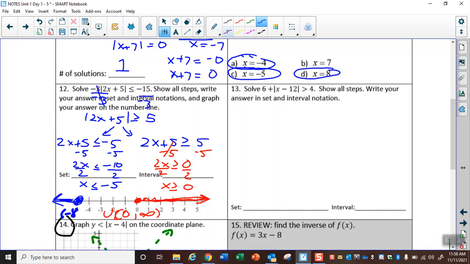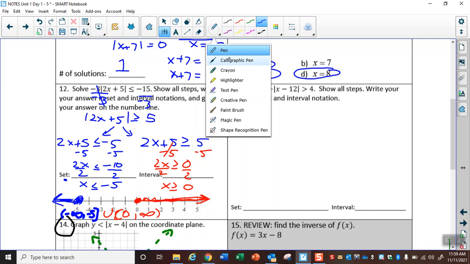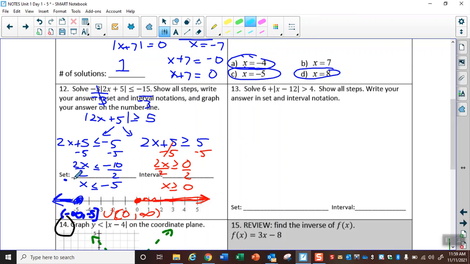Oops, I really made that an 8 for some crazy reason. Negative infinity to -5, and it includes it, so I'll do the square bracket. So that's an interval. And basically the set is these. If you are using the less than, the set is where you have the less than or greater than. All right.